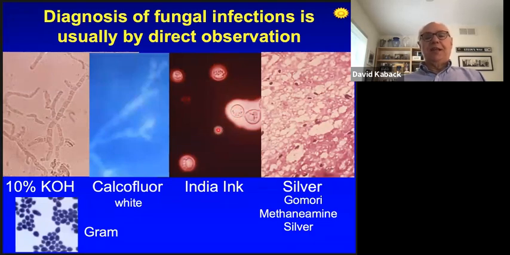Sometimes they're encapsulated, other times they're not, depending on what fungus we're looking at. We can also stain pus or other infected tissue using a protein stain called Gomori methenamine silver stain. Silver stains proteins. If you've ever run a gel, you've stained it with silver often, and you can see the yeast cells in the pus, and they stain black.